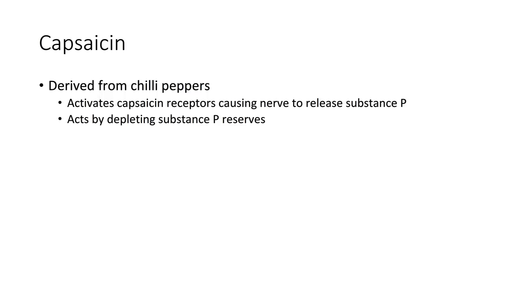So a very different mechanism there, in that if you give the drug, you're actually going to cause the nerve to release substance P, and the analgesic effect will be the result of exhausting that storage of substance P so that the signal can no longer be sent.